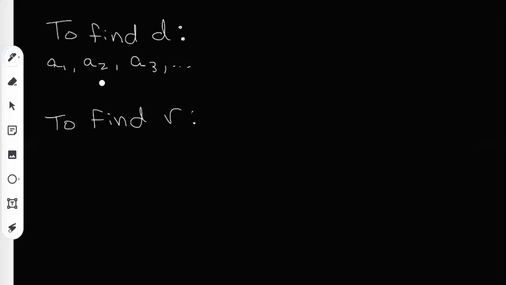Let's say you want to figure out what d is, what you're adding each time. Well, if you want to find that, what you have to do is subtract. You need to start off with your a(n+1), and you need to subtract your a(n), and you'll get what's known as d, the common difference.